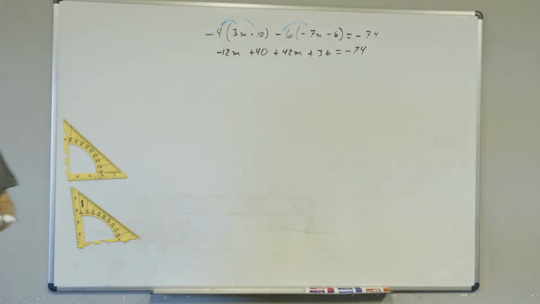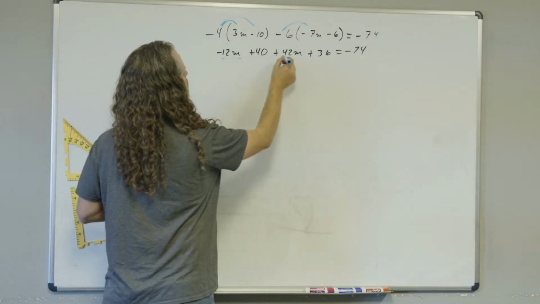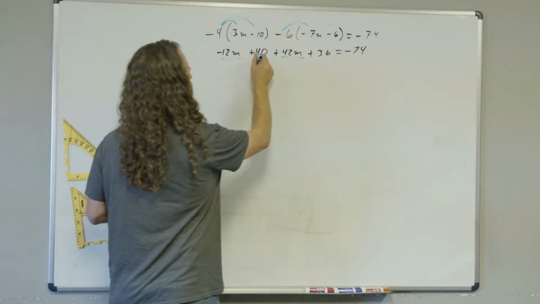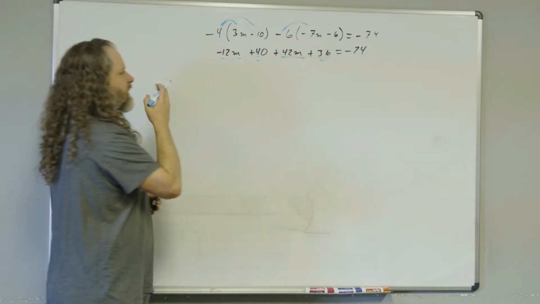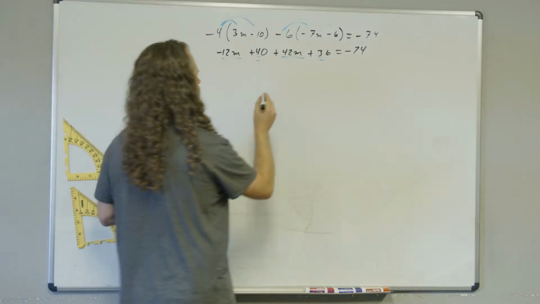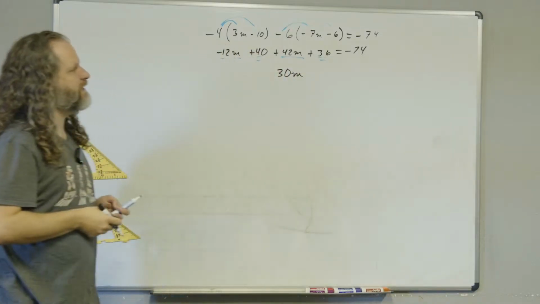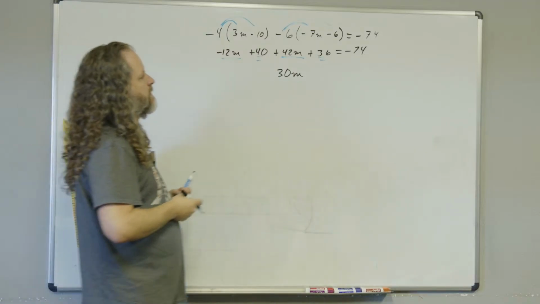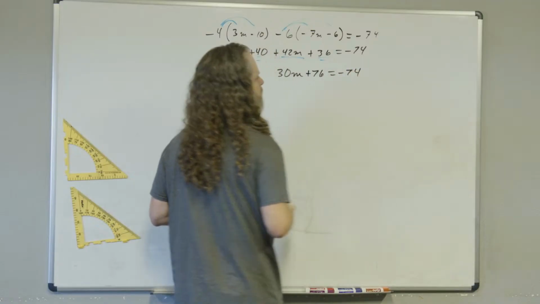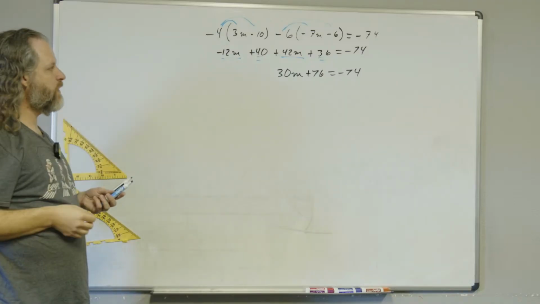And then where are they? Then -12m and 42m. And then where else? 40 and 36. What is -12m plus 42m? 30m. I agree. And then what's 40 plus 36? 76. Now what? Subtract 76.